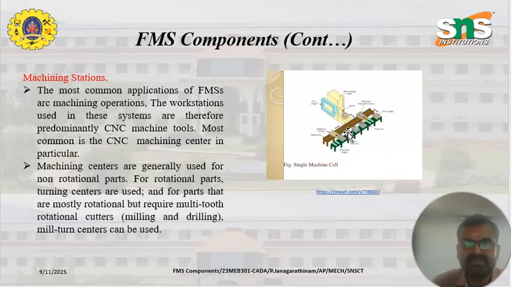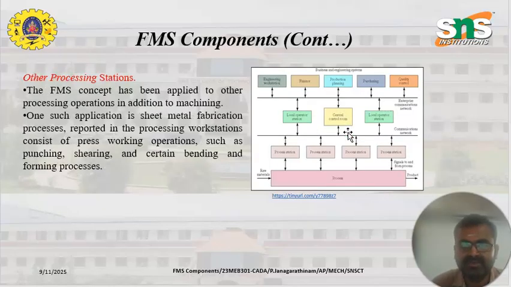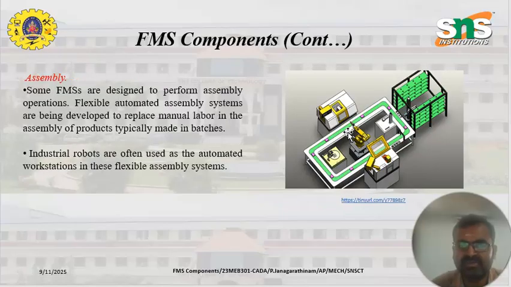And for machining stations, commonly CNC machine tools are used. CNC means we can perform multiple operations in a single stage. Other processing workstations like other machining, working press and punching, shearing and bending, forming, and a number of other processing stations are also available.